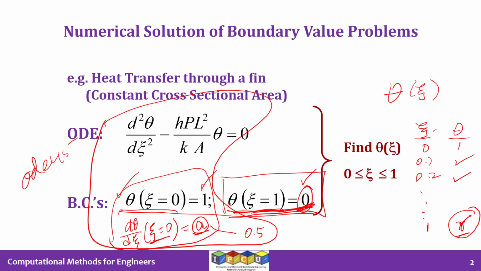If r is equal to 0, then bingo, I have assumed the right value of d theta by d psi at psi is equal to 0, and therefore this is the solution to the problem. Done. But if r turns out to be something different from 0, then I know my assumed value of a is not correct. It can be something smaller than 0.5 or something larger than 0.5.